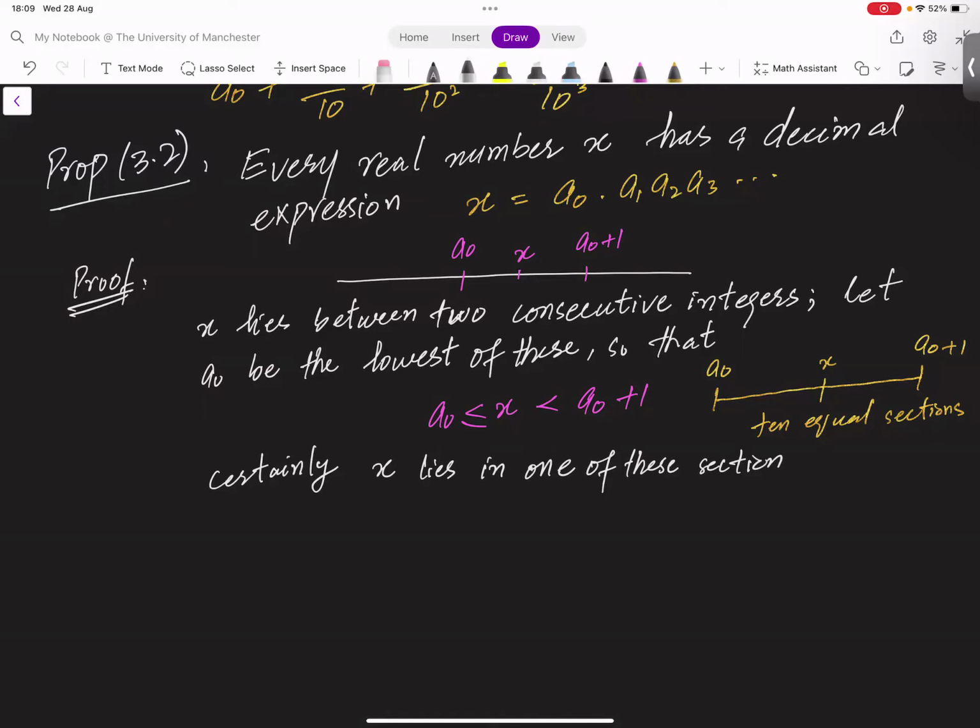So let's say 1, 2, 3, 4, 5, 6, 7, 8, 9, and 10.